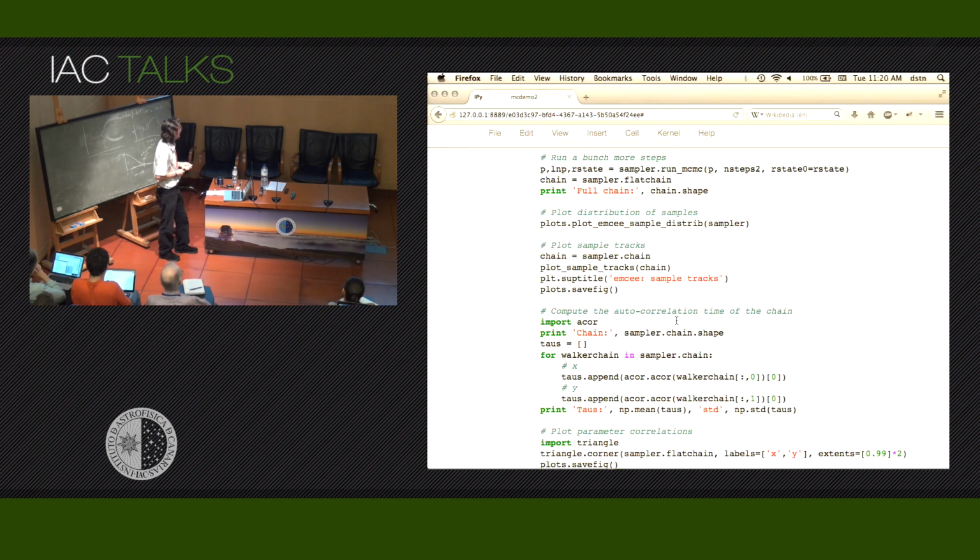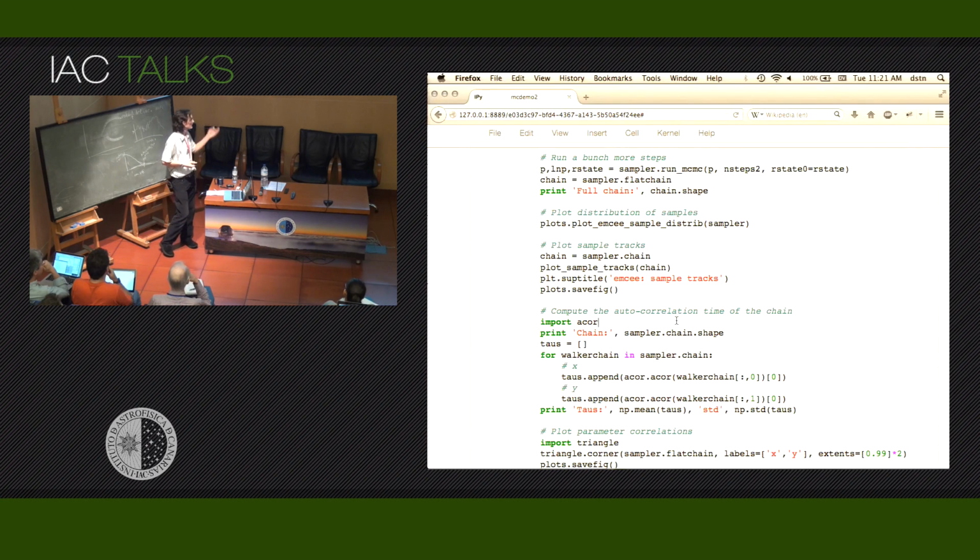And conveniently enough, the primary author of emcee also provides a module that computes the autocorrelation time for you. So it can tell you at the end of the day what fraction of your samples you should keep or how much you should believe it. So that's a useful thing to have and keep track of.